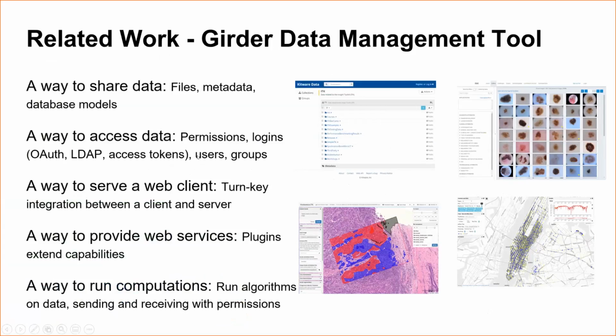So one thing I want to highlight is why it was possible for us to build VIAME Web-like applications: most of the groundwork has been done by us in a common framework called Girder. Essentially, Girder provides a means to share data sets, which means files, metadata, or database models.